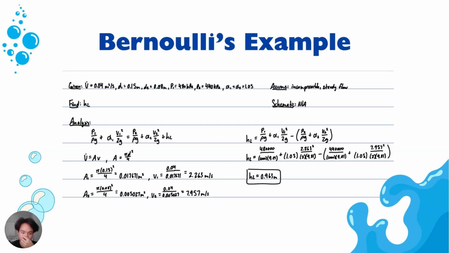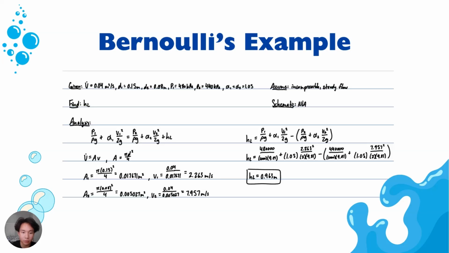So first we want to find the velocity. Since we're given V dot, the volumetric flow rate, we can calculate velocity as the volumetric flow rate V dot over A. The equation for area here is pi diameter squared over 4.